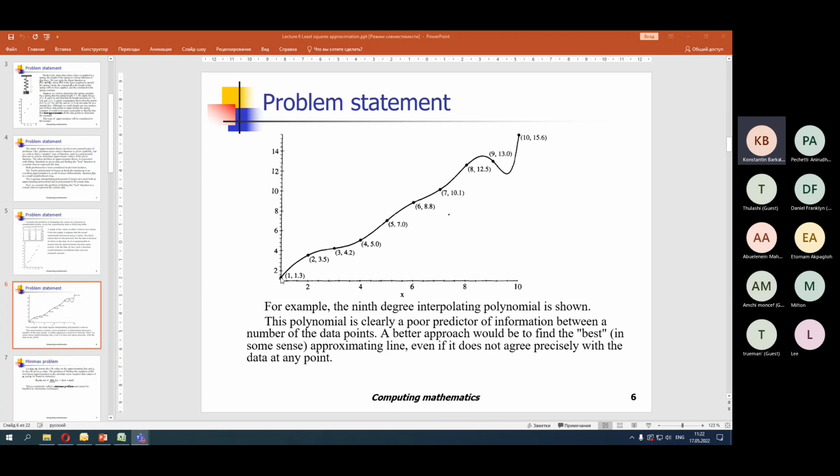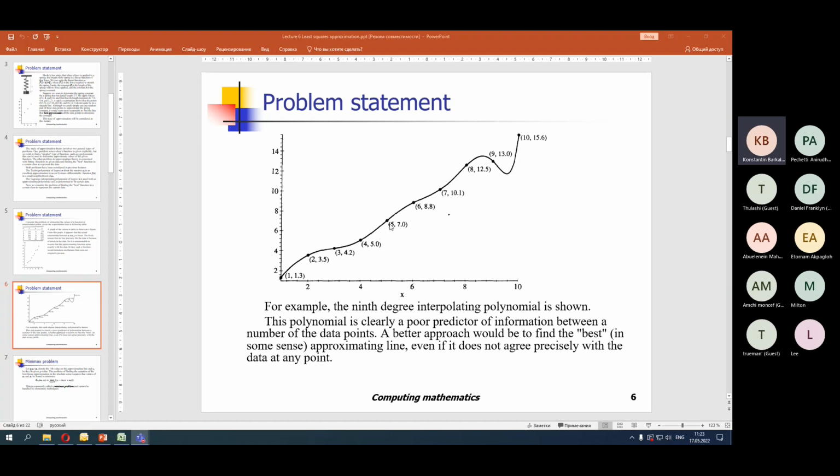You see that this polynomial passes exactly through all of these points, but at the end, this polynomial lies rather far from the imaginary points between these two points.